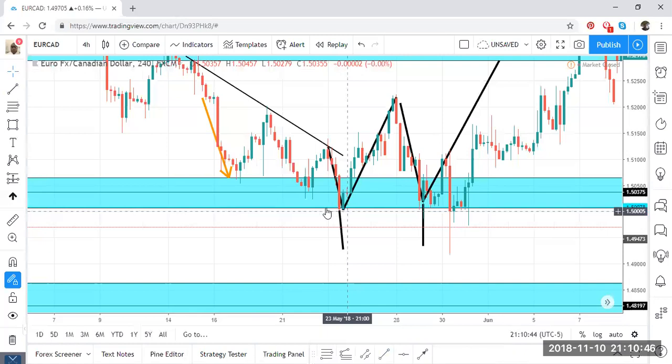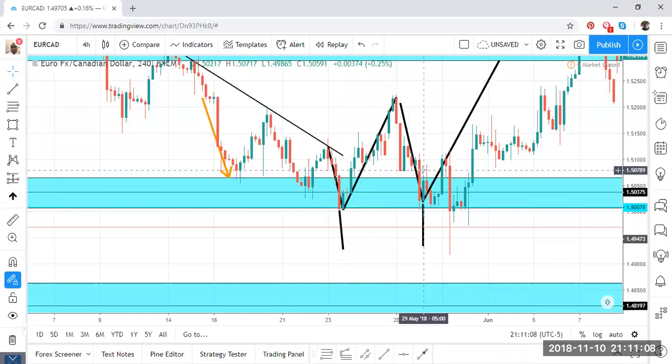So first touch here, price goes up, comes back down, and doesn't come down as low as this one. This one opened and closed way down here, and then this one opened and closed down here, and it wasn't as low as the first touch for the double bottom. So I would enter the trade here at the top of this wick, and put a buy stop here and ride it up to my next zone.